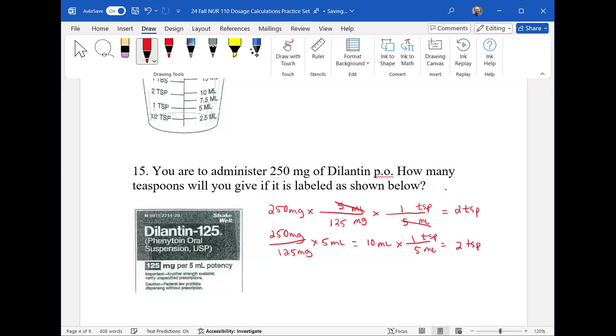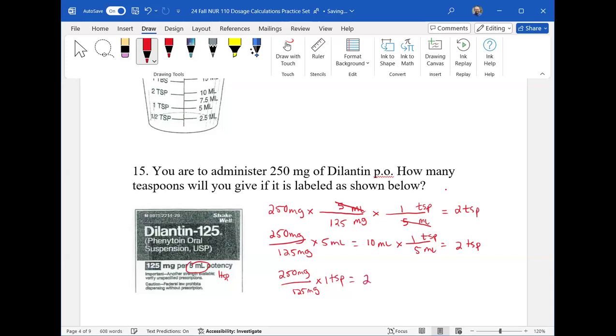The other thing you can do is, if you already know that 5 milliliters is equal to 1 teaspoon, then you could just do that as your conversion. So let's go back to ordered over available. 250, 125. And I can just multiply by 1 teaspoon. And it saves me a step because you know that 1 teaspoon is 5 ml.